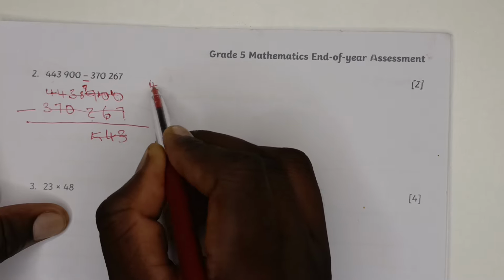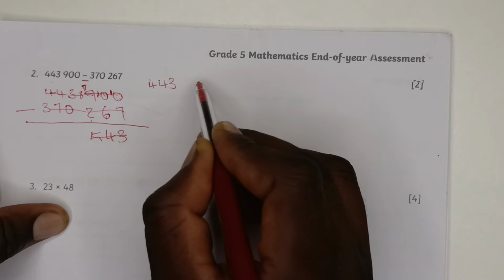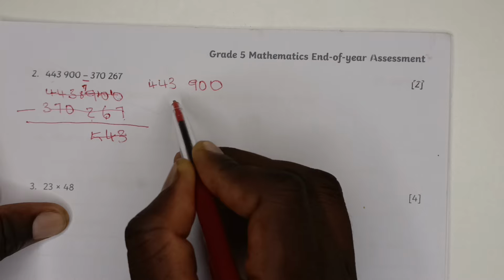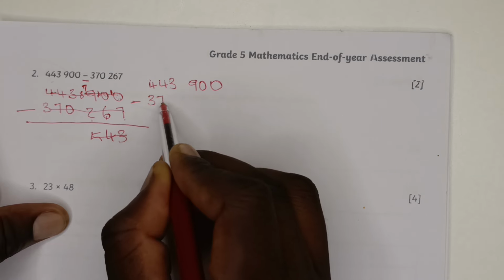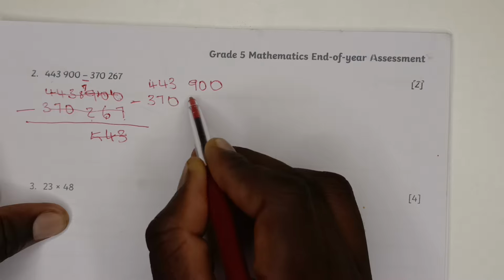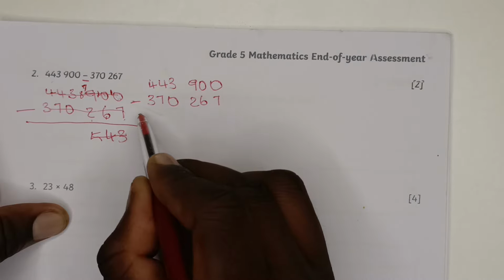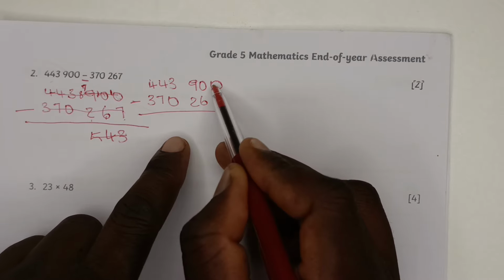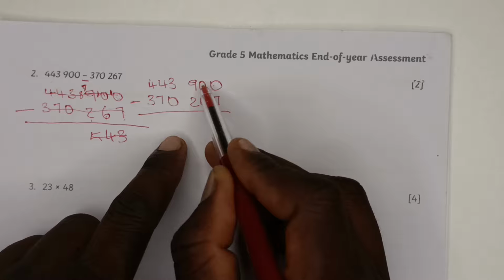Okay, this one we do it like this. We have got 443,900 minus 370,267. So here 0 minus 7, it's impossible. We come here to borrow.